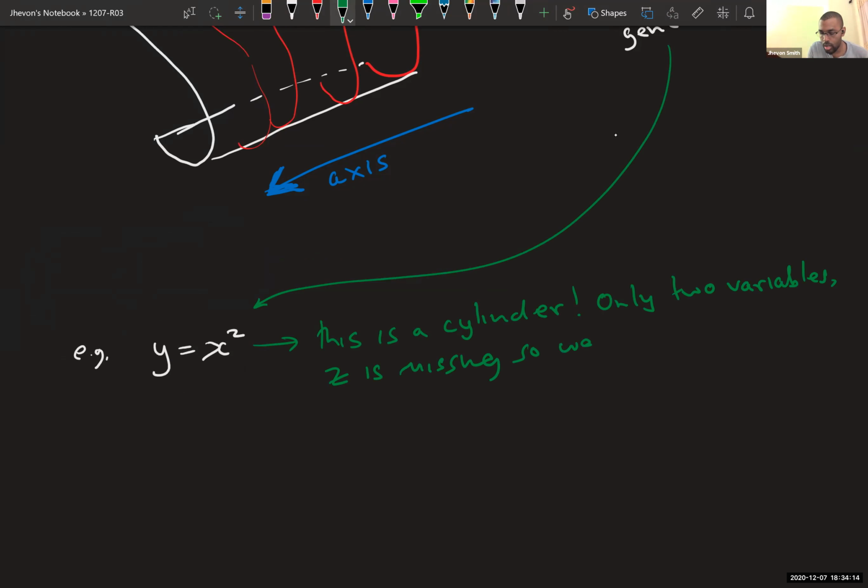So the axis is parallel to the Z axis. Also, the curve y equals x squared in the plane of the other two variables, the xy plane, is the generating curve.